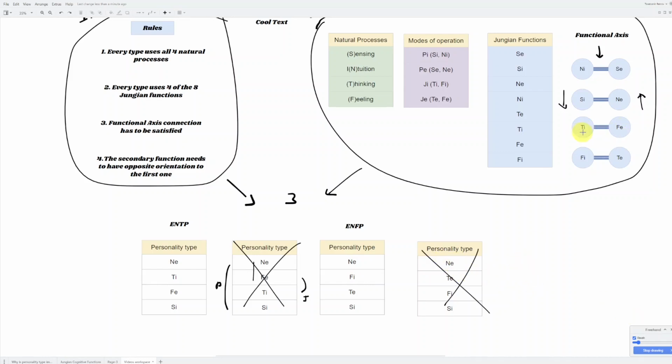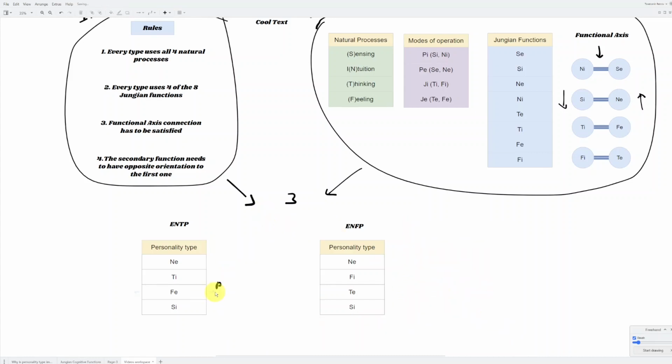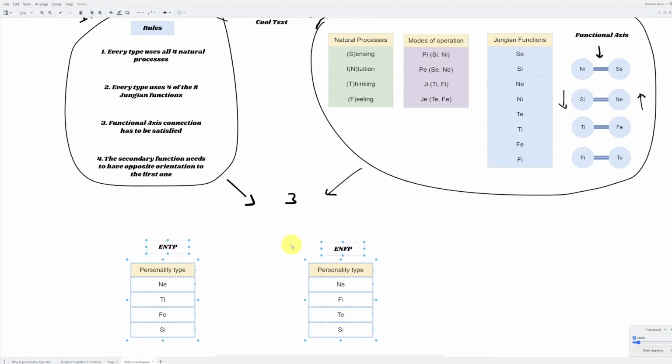If we had Ti as a first function, then the second one cannot be introverted. So again, the same rule. Okay, so we found two of the types. Now let's try another example, to make sure we understand how this works. So those are two of the types.